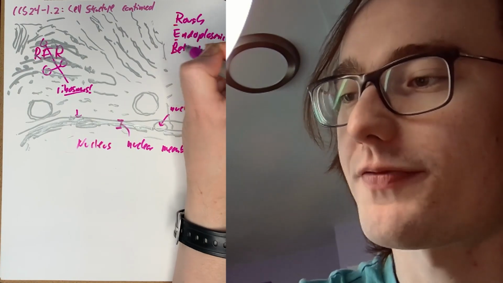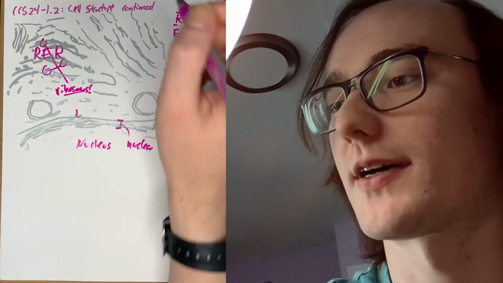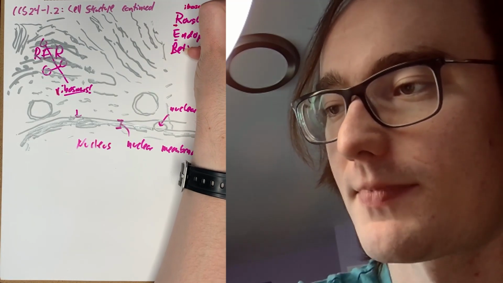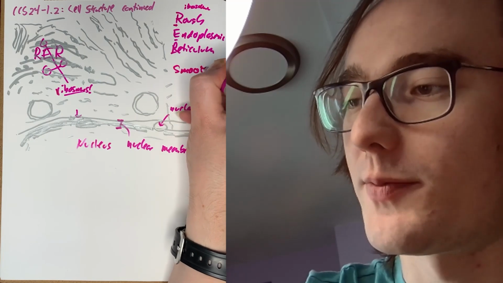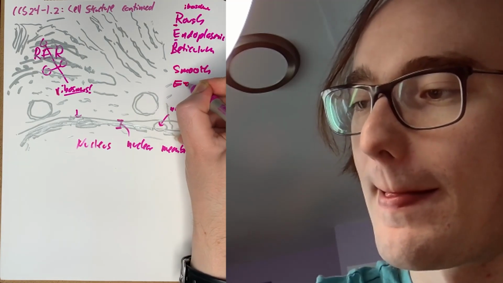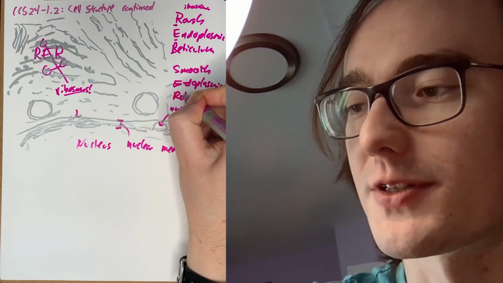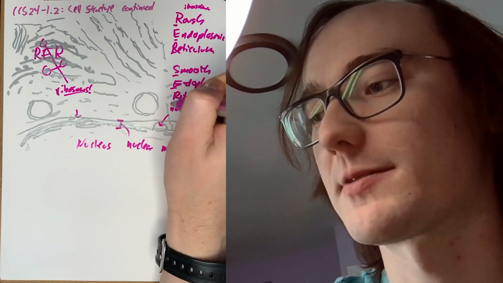If we've got rough endoplasmic reticulum, and it's rough because it has ribosomes on it, R for rough, R for ribosome, then smooth endoplasmic reticulum is the same stuff, roughly speaking, but without the ribosomes. Why would there be both rough and smooth endoplasmic reticulum?